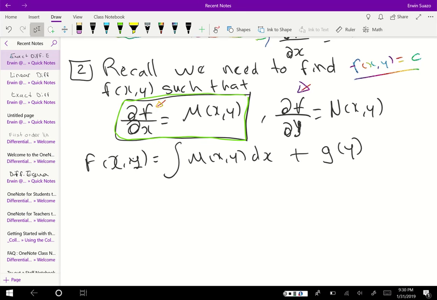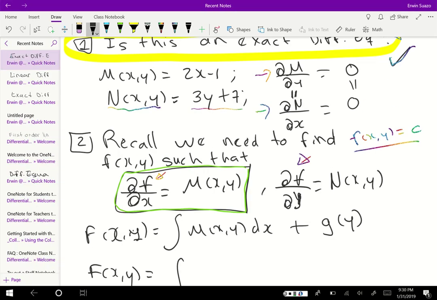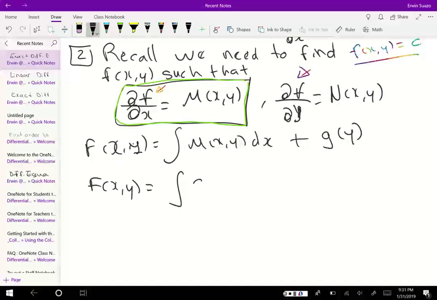So I need to find this integral. Let's find it. f of x,y is the integral of M of x,y, that is 2x minus 1, dx, plus g of y, right?